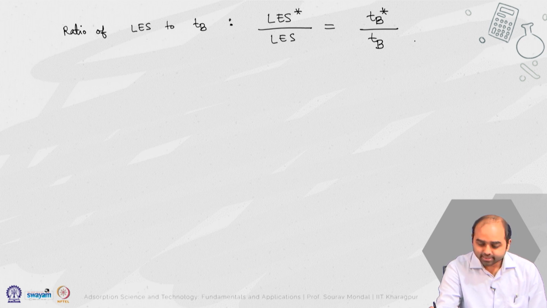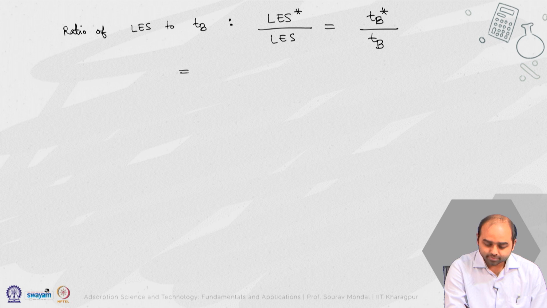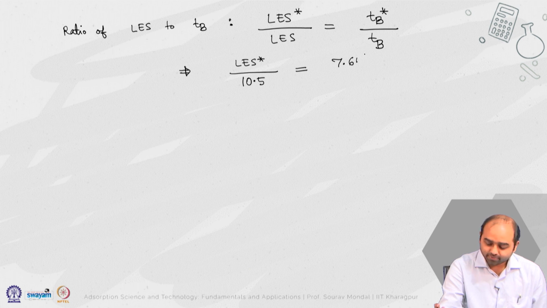So in this case the new LES that is desired is unknown. The existing LES is 10.5. The new breakthrough time that is asked is 7.5, and the existing breakthrough time was 3.65.